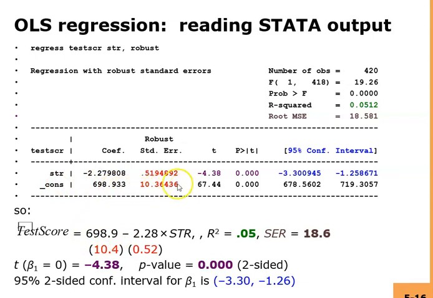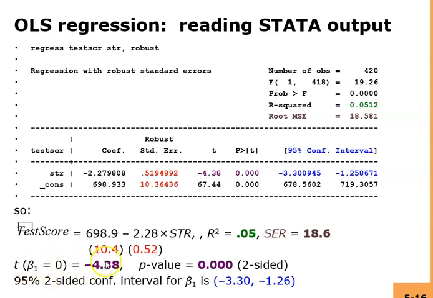Then we have the standard error of beta naught hat, which is 10.4, which can be reported over here as well. Then we have the coefficient for student-teacher ratio, which is basically our beta 1 hat, which can be reported over here. And then we have the standard error of beta 1 hat, reported over here. Our R square of 0.05 is reported over here in the STATA output, and our standard error of regression of 18.6 is also reported over here.